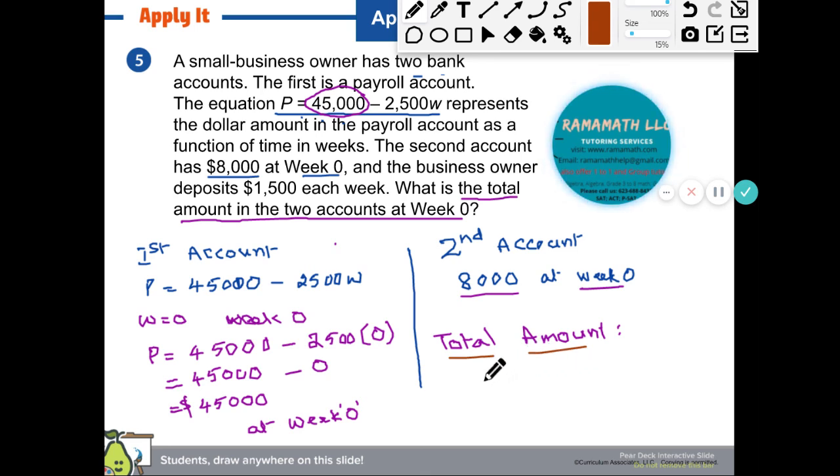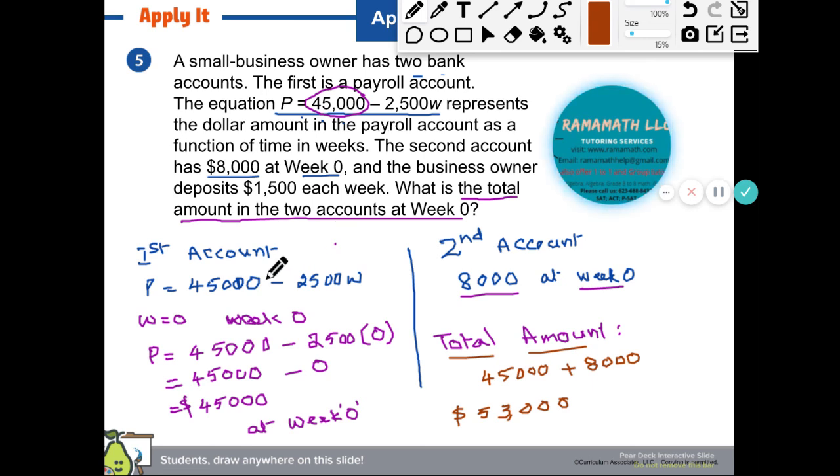The first account is $45,000 plus the second account is $8,000. So let's add these two: 0, 0, 0, 5 plus 8 is 13, so that's $53,000 at week 0. So that's how you figure it out for week 0.